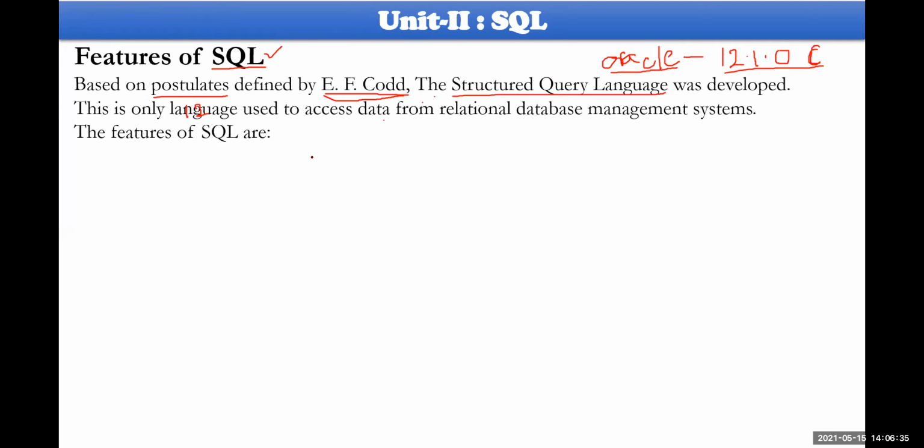What is the basic difference between SQL and other languages? SQL mainly concentrates on memory space: how the data will be stored, how the data will be retrieved, and how the data will be manipulated. These are the operations SQL does, and that gives SQL its own identity.